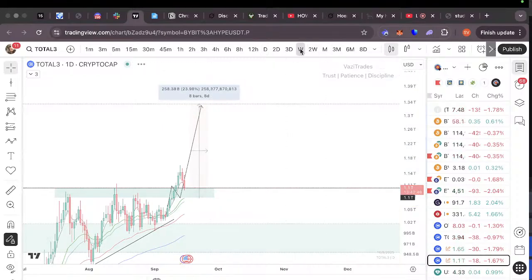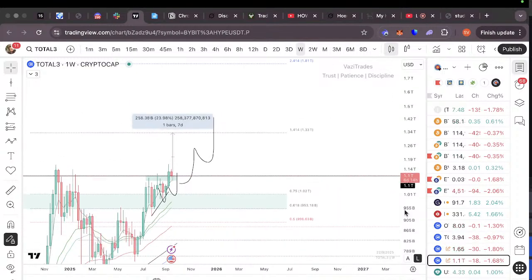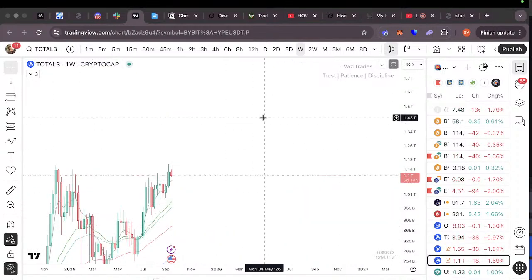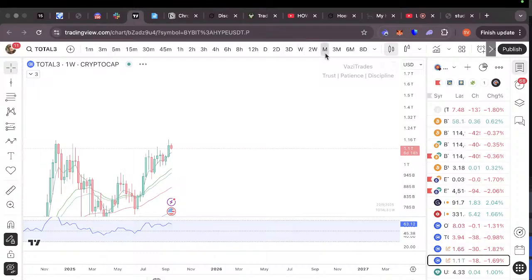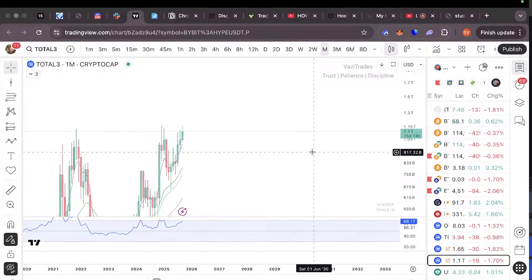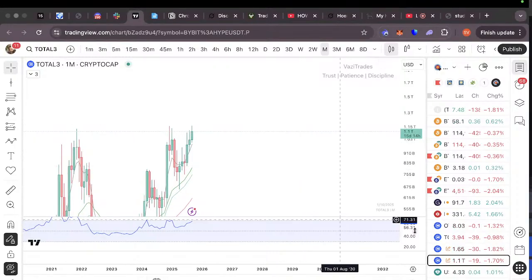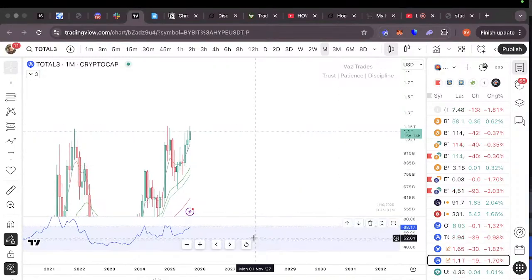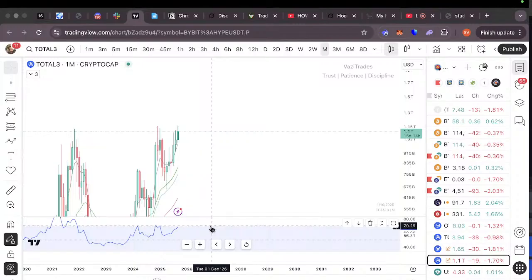But let me check also other time frames. According to monthly, on the RSI, it's really close to the 70 target.